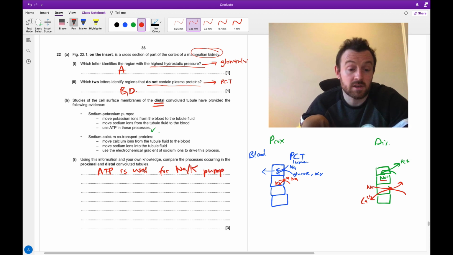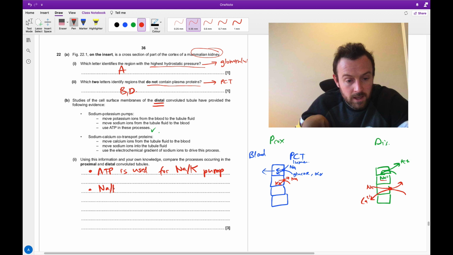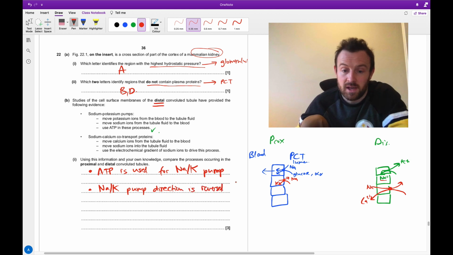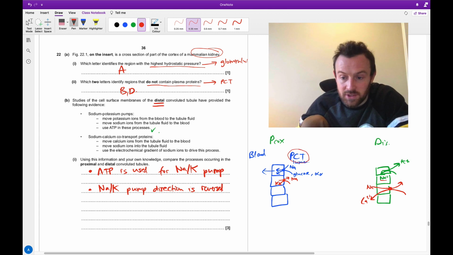Okay, so that is a similarity. However, the Na-K pump direction is reversed. So in the proximal convoluted tubule, sodium is pumped out into the PCT lumen, but in the distal convoluted tubule, sodium is pumped into the blood, which is the opposite direction.